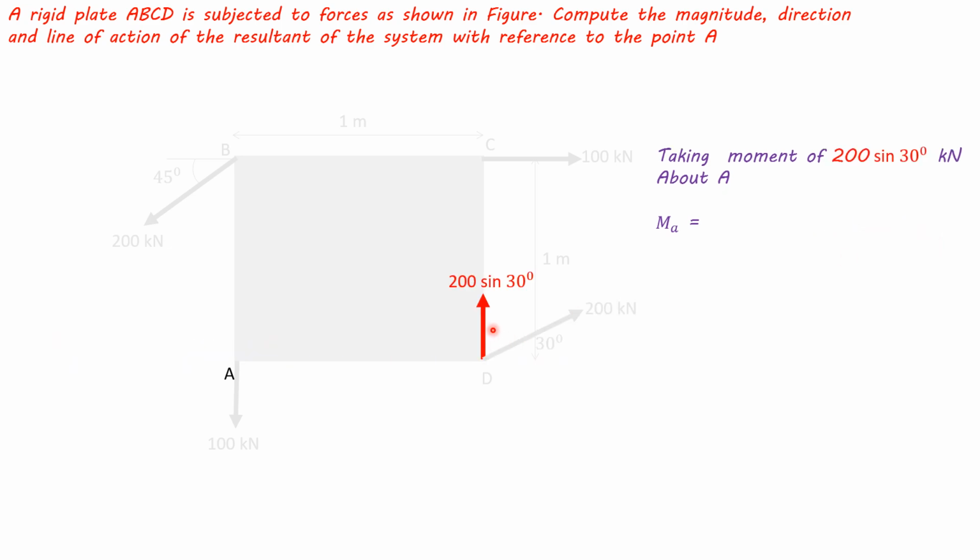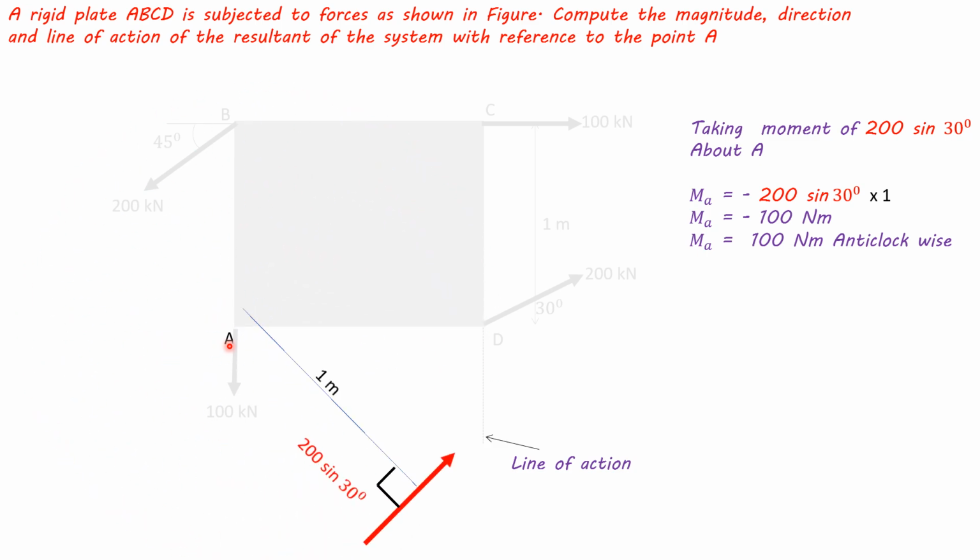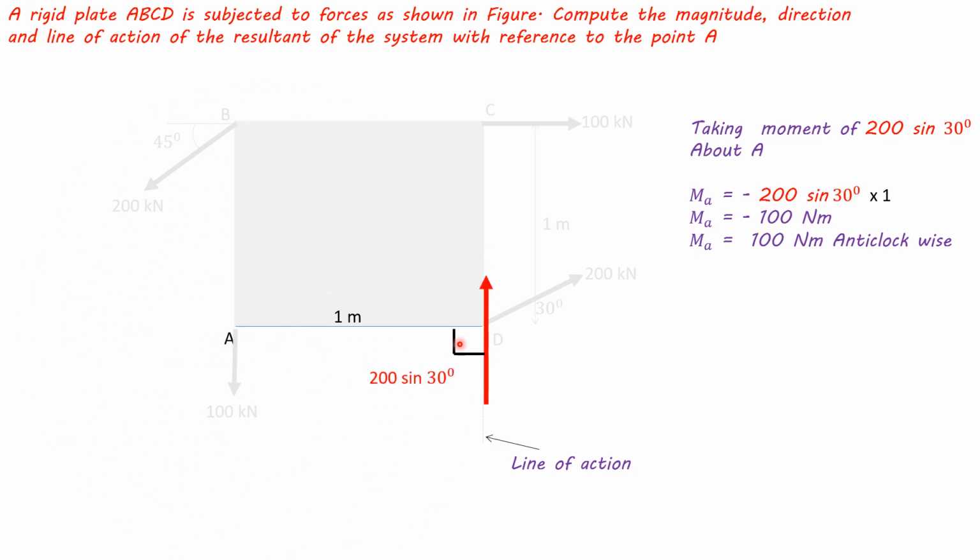Now, for the vertical component, the line of action of the force is like this. It will rotate about point A anti-clockwise, and its perpendicular distance is 1 meter. So 200 sin 30 degrees into 1, and it is rotating anti-clockwise, so it will be minus.